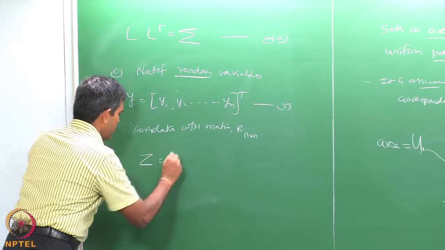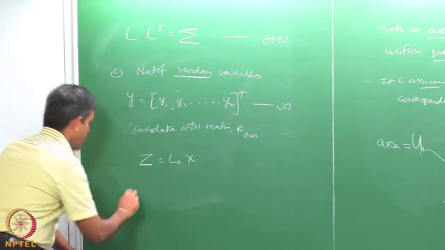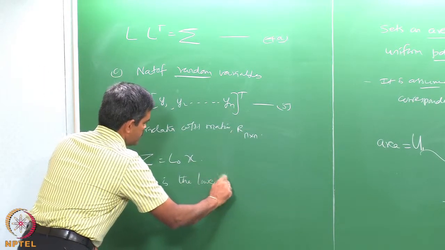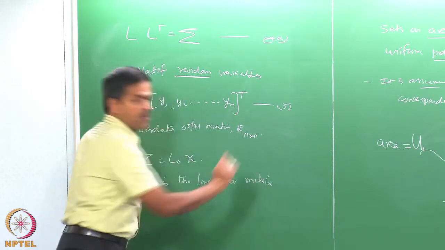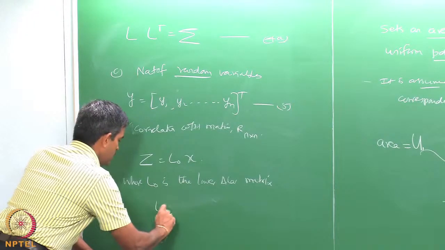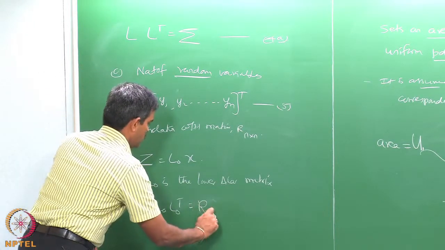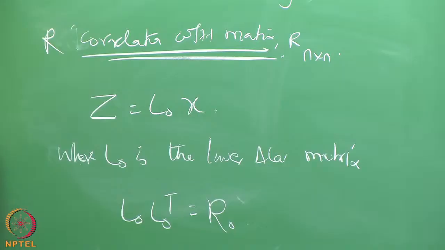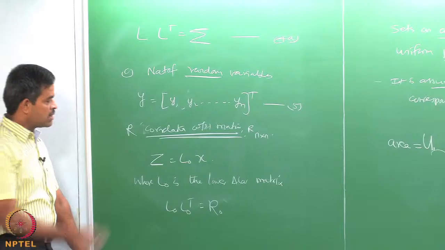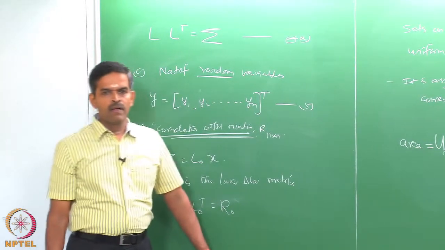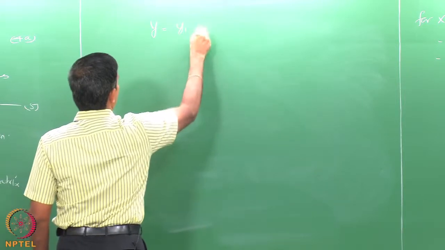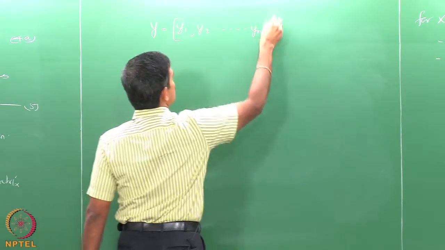Let us say Z is L naught x, where L naught is the lower triangular matrix that satisfies L0 L0 transpose is my R0, where R is the correlation coefficient matrix. Now, R0 of course is the modified correlation coefficient matrix for the Nataf random variables. Now, the outcome of this generation will be determined as follows. We know y is y1, y2, yn transpose.